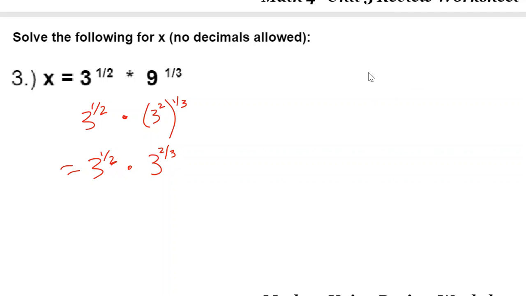But therein lies the issue. What is 1/2 plus 2/3? Well, I'm going to rewrite it in terms of a common denominator, 3 over 6 and 4 over 6. Which is going to give me 7 over 6. So my final answer is going to be 3 to the 7 over 6.